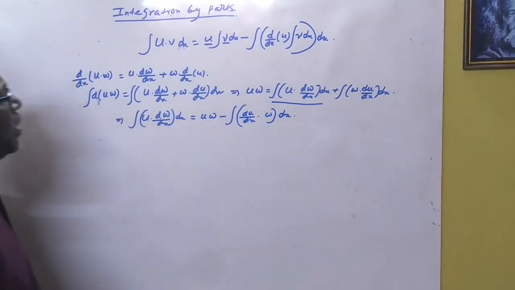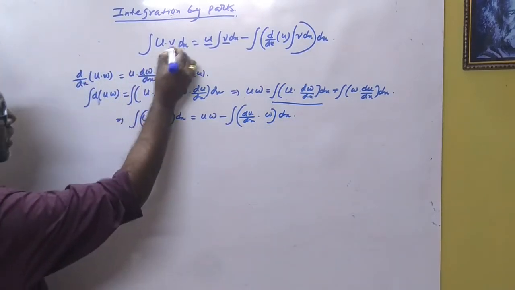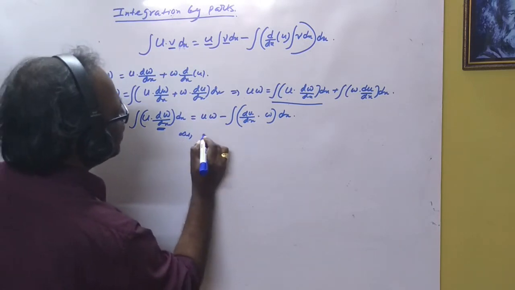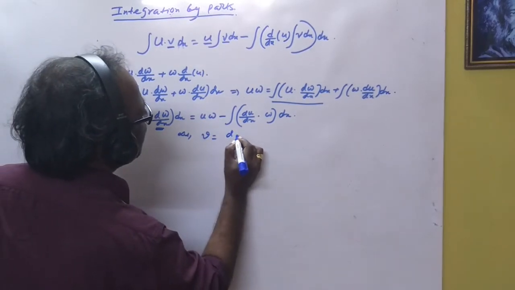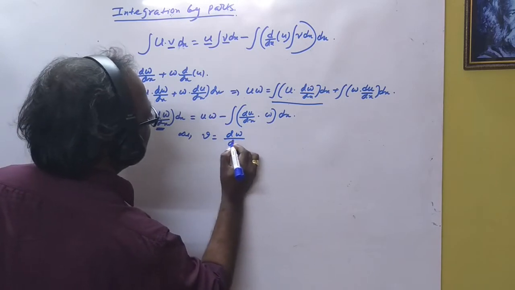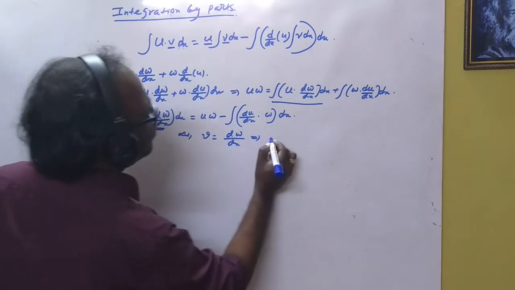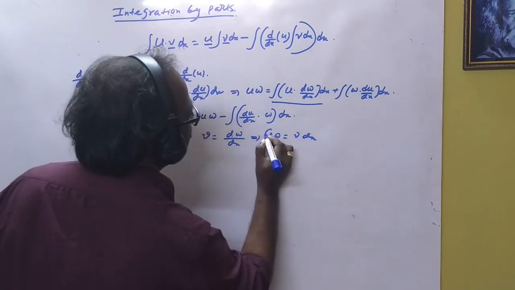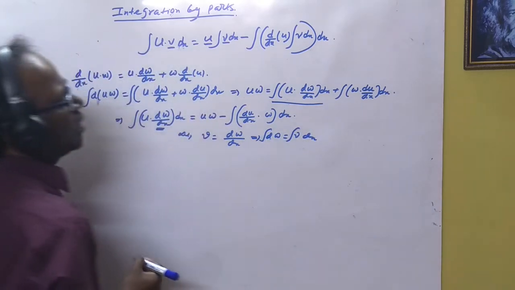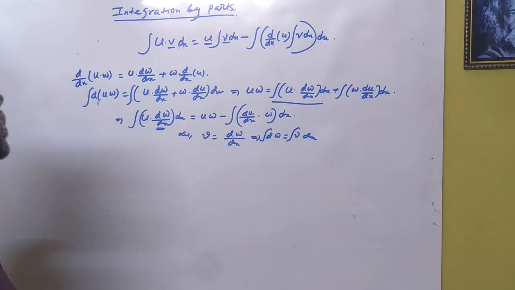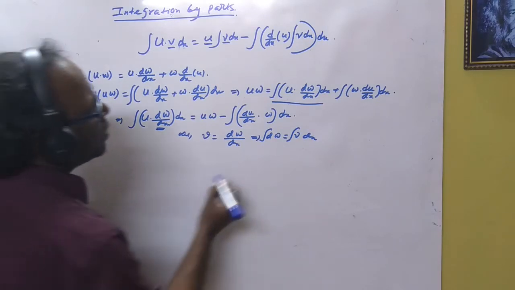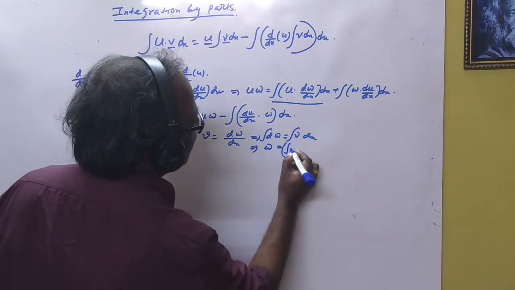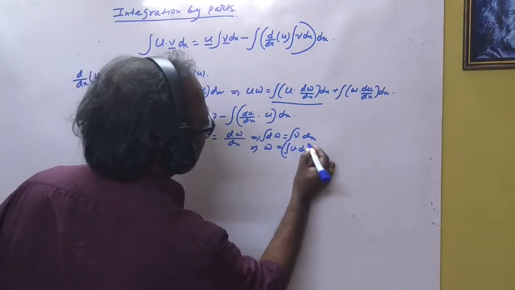Okay, now see here is v, so let us assume v is the derivative of w. If we integrate dw equal to v dx, then we get w equal to the integral of v dx.